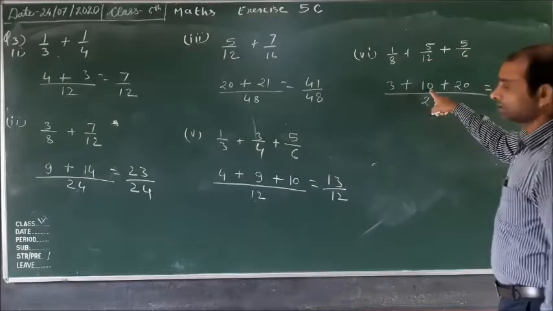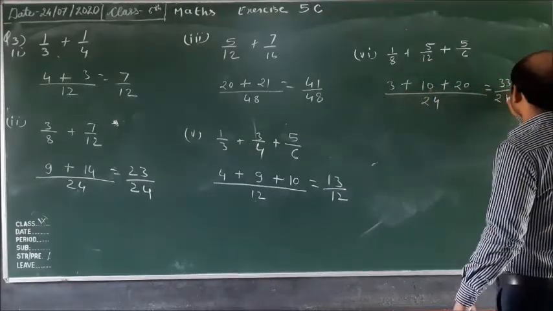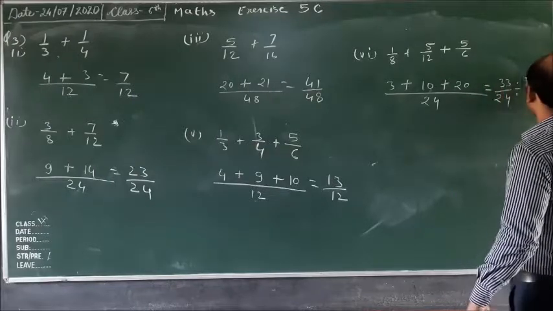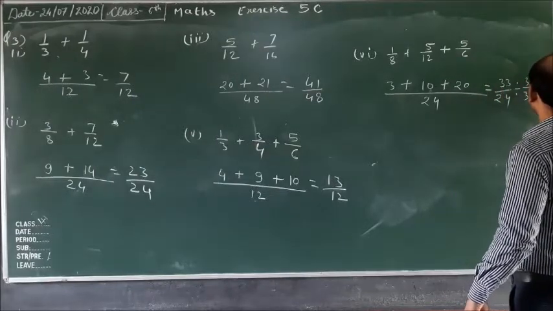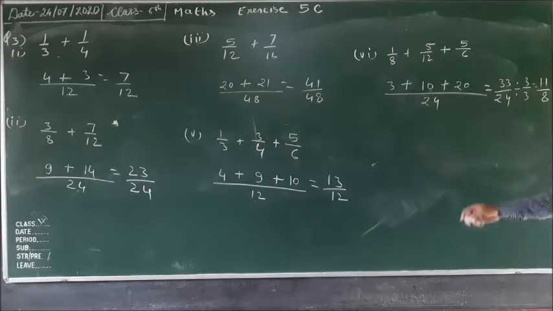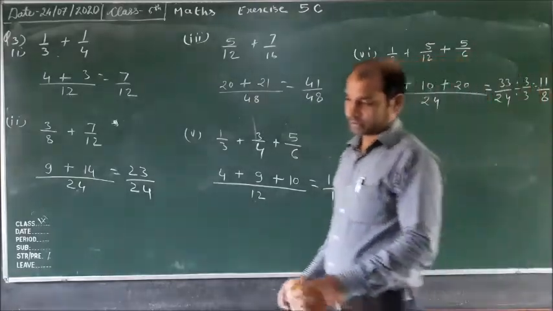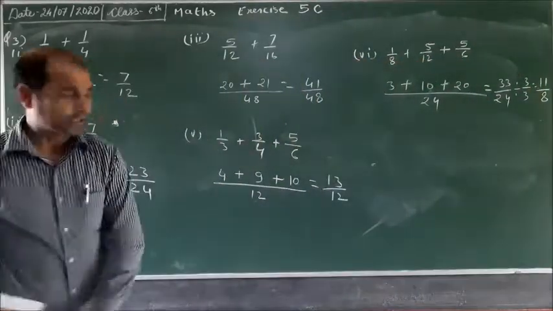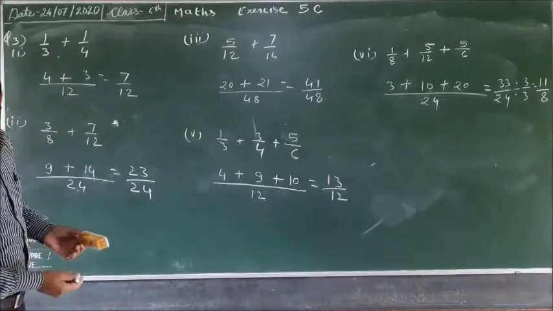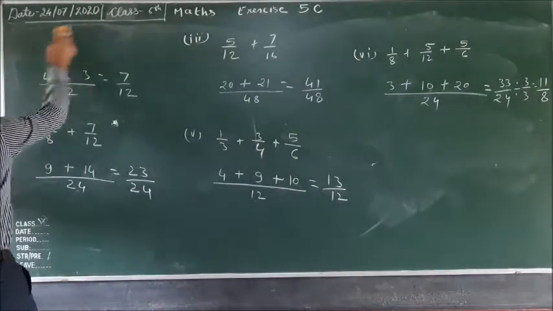Now 20 plus 10 is 30, plus 3 equals 33 upon 24. It is divisible by the same number, 3. 3 times 1 is 3 and 3 times 8 is 24. Your answer is 11 upon 8. Okay, dear children. Sorry, this question is completed.